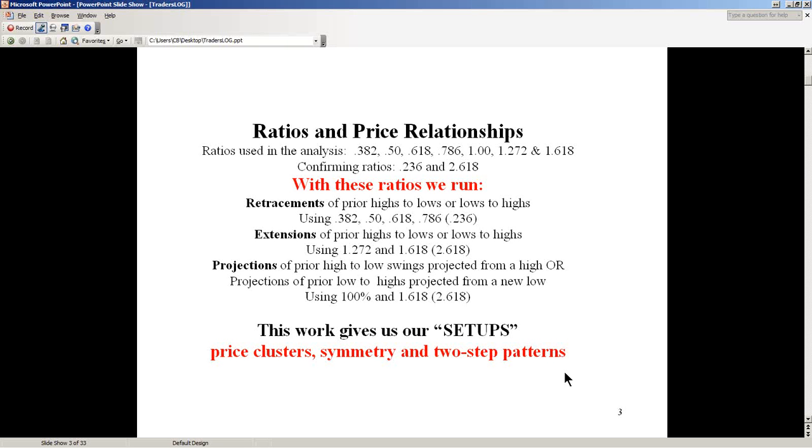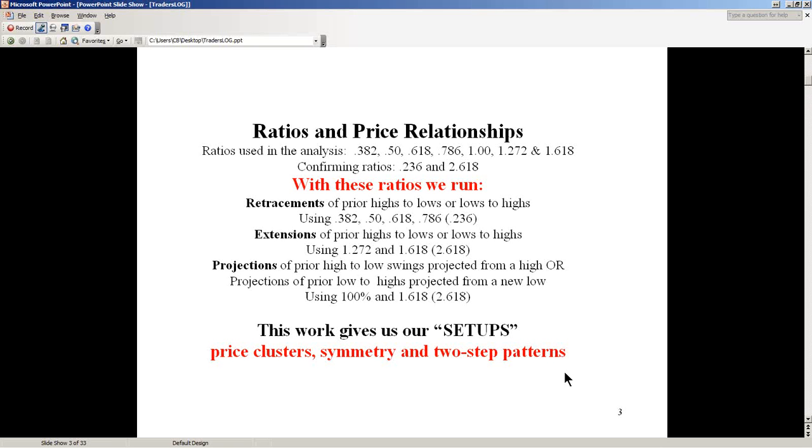With these ratios, I run the 3 different types of price relationships, the first being retracements that most people would generally be familiar with. They're the 0.382, the 50%, 0.618, and 0.786. And I'm going to run the prior highs to lows or lows to highs and look for possible resistance at those ratios.